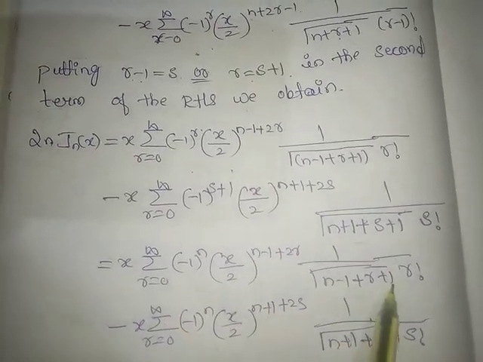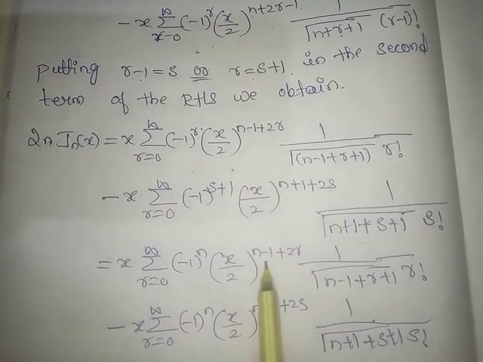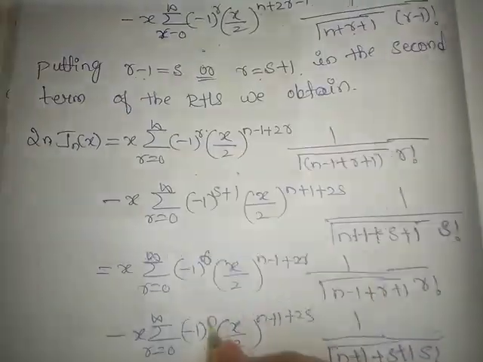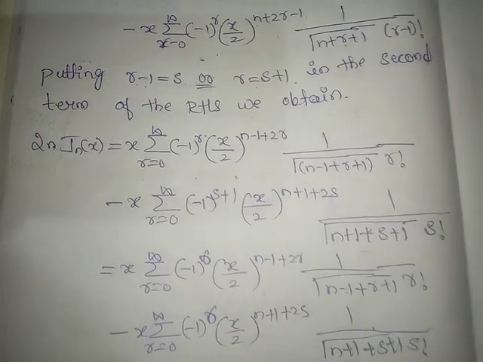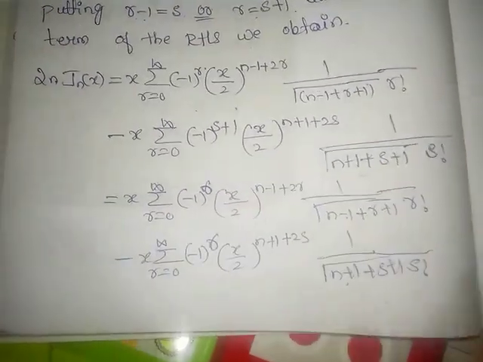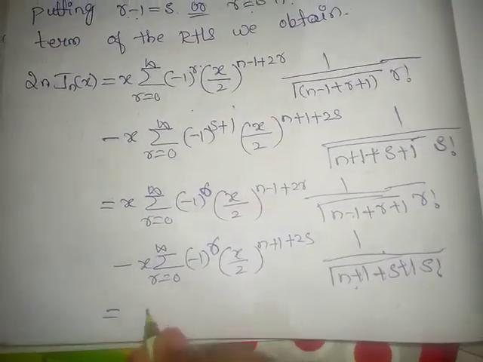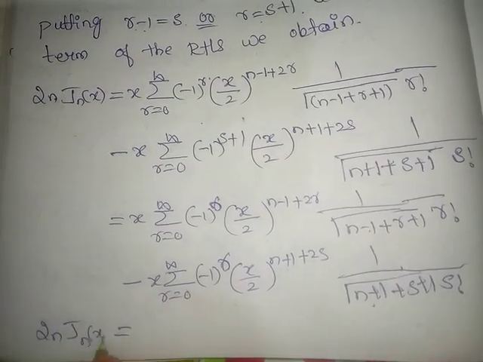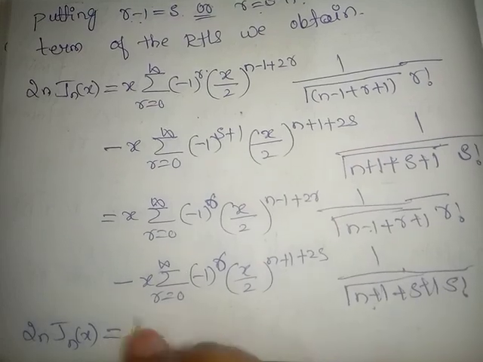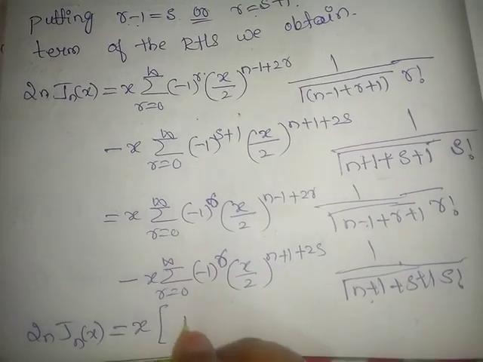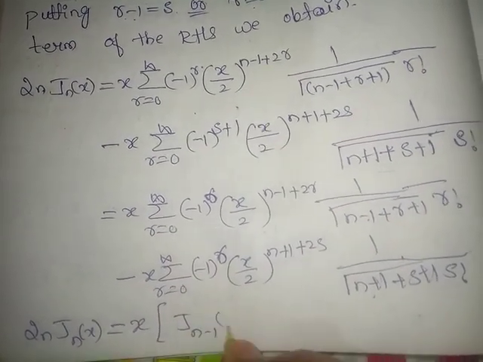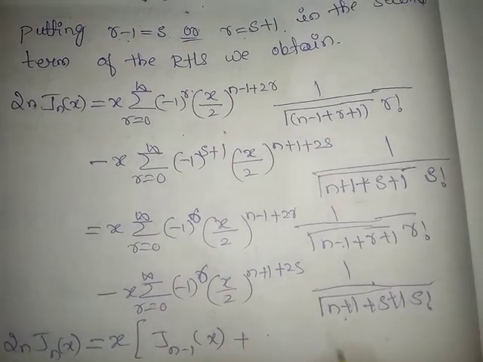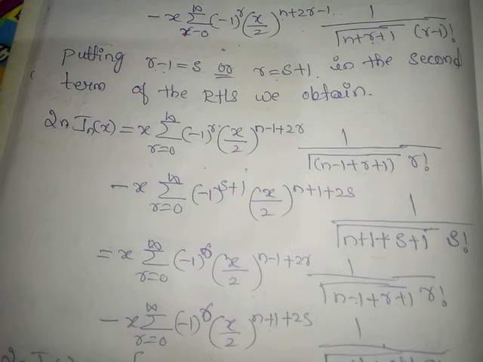See, this is the same as Jn of x, but with n minus 1, and here we have n plus 1. Therefore 2n by x of Jn of x is equal to, taking x common in these two terms, x into Jn minus 1 of x plus, here we have minus, but here it will be plus.